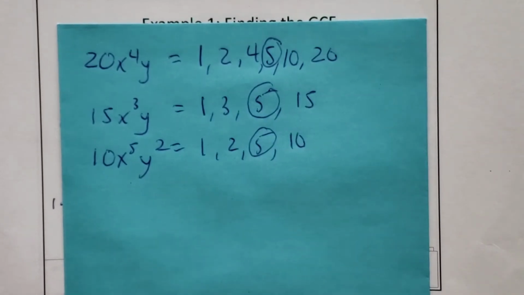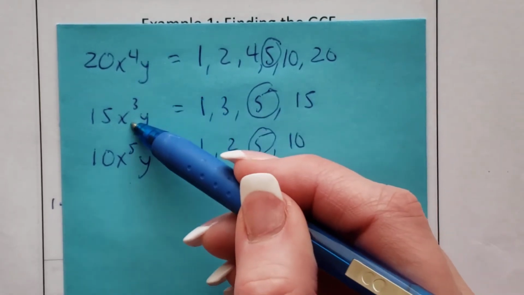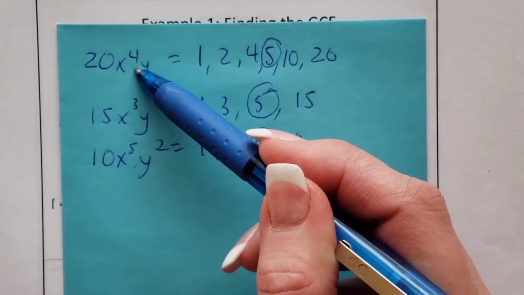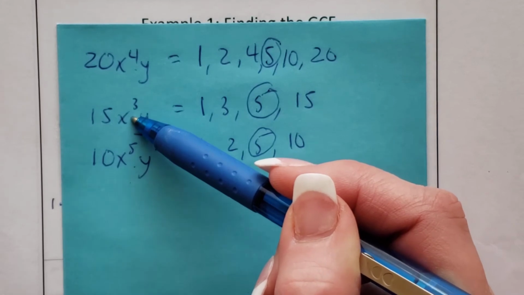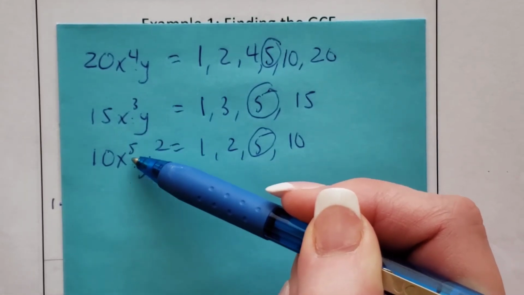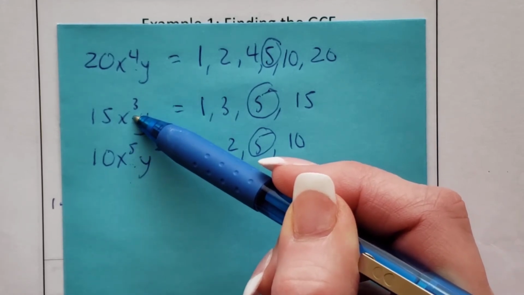Now, for the variables, you want to say, what is the greatest number of x's I could divide all of these by? Could I divide all of these by x to the 4th? No, because there's only 3 x's here. Could I divide all of these by x to the 5th? I could this one, but I could not bring out 5 x's here. There's only 3.